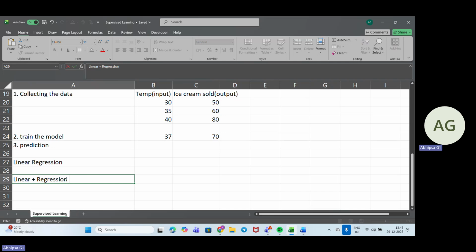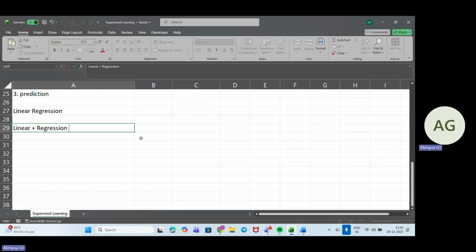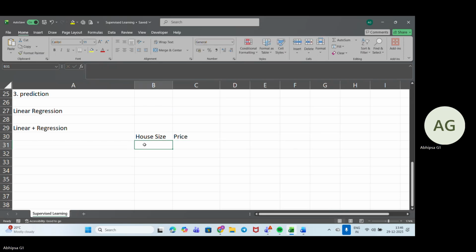So let's look at the data, and based on that, let's try to get the details accurately. Let's have the house size and the price. For house size, let's take around 500 square feet, 1,000 square feet, 1,500 square feet, and 2,000 square feet.